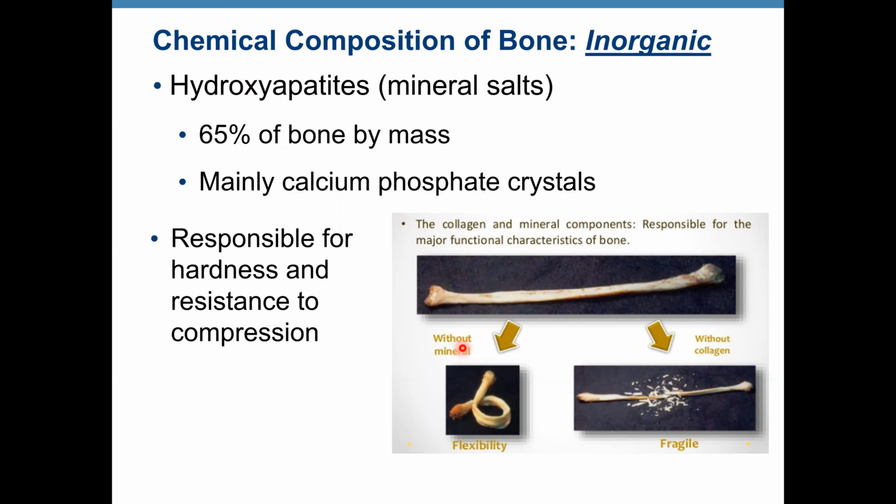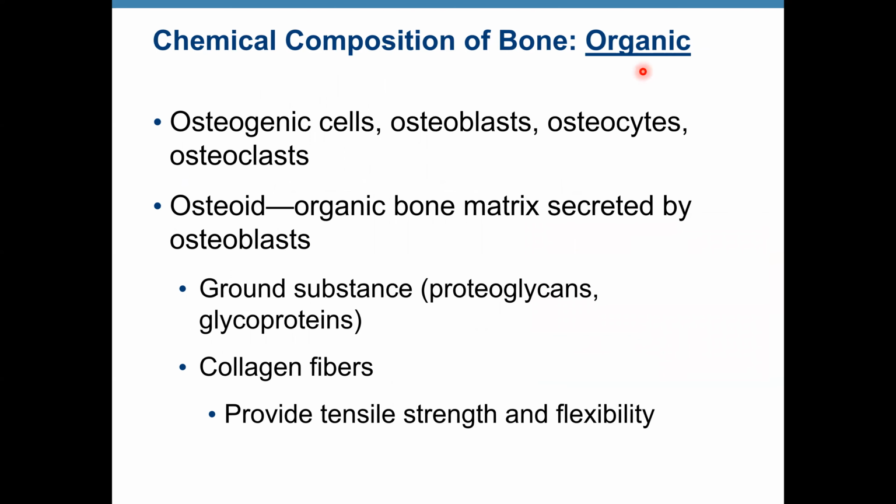On this diagram, you can see bone and collagen and mineral components responsible for major functional characteristics of bone. Without minerals, bones would be too flexible. And without collagen, bones would be too fragile. So it's a perfect composition made from both inorganic and organic parts.